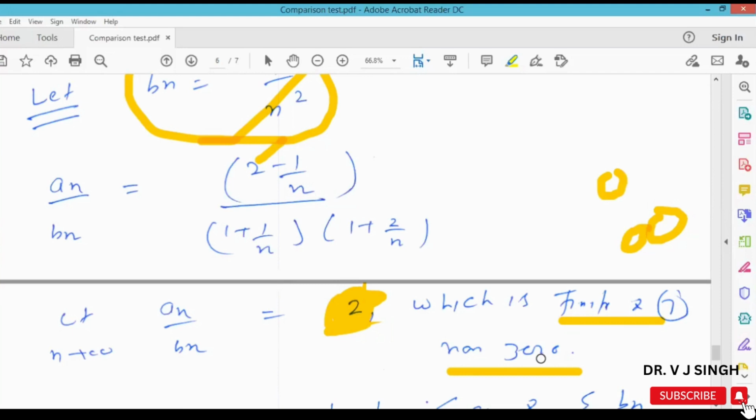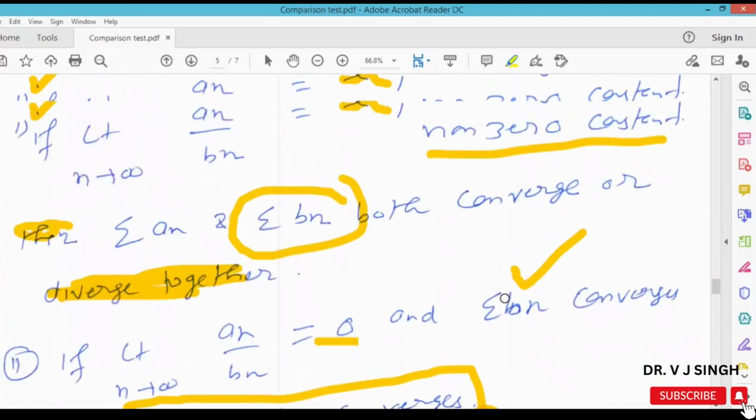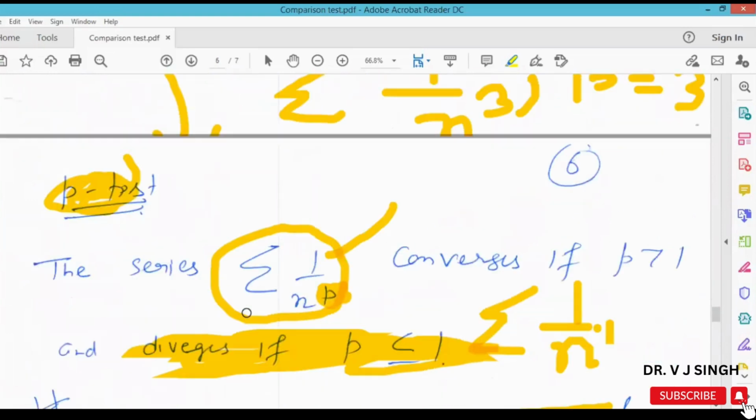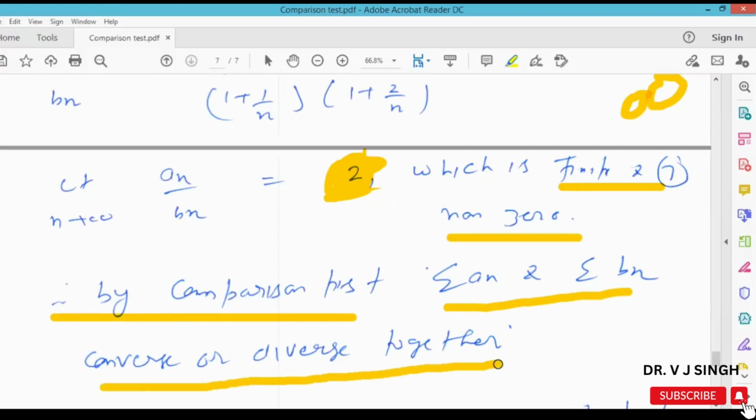If the answer is finite and non-zero, then what is the conclusion? Then both summations are convergent or divergent together. This is the line to write: therefore by the comparison test, summation an and summation bn converge or diverge together. Write this kind of language. You don't need to memorize it, it will come to you by itself as we do the questions.